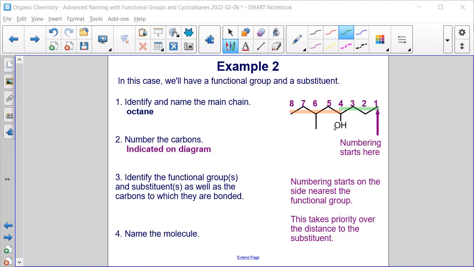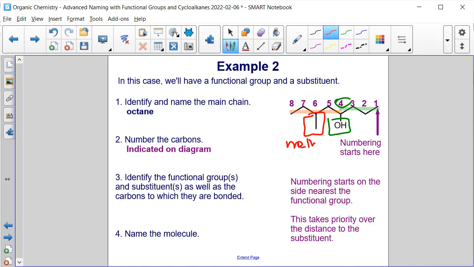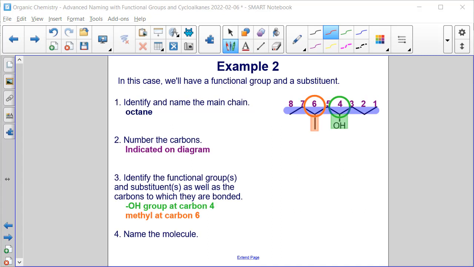So we can see there's an OH group on carbon 4. And then this is a single carbon group. This is a methyl group on carbon 6. All right, so as a summary, we have an OH group at carbon 4 and a methyl at carbon 6.